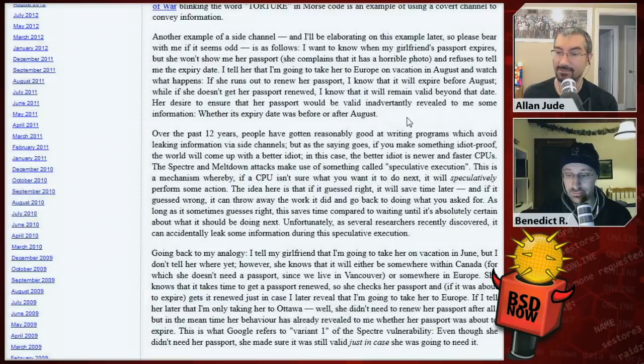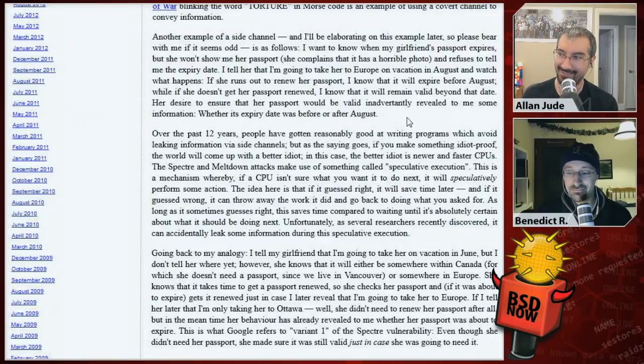If she runs out and renews her passport, he knows that the expiration date must have been before August, or before they were going to return from the trip. If she doesn't, then the passport is valid at least through that date, and Colin then knows that it will remain valid. So her desire to ensure that her passport would be valid inadvertently revealed to Colin some information, specifically the expiry date. So that's the side channel.